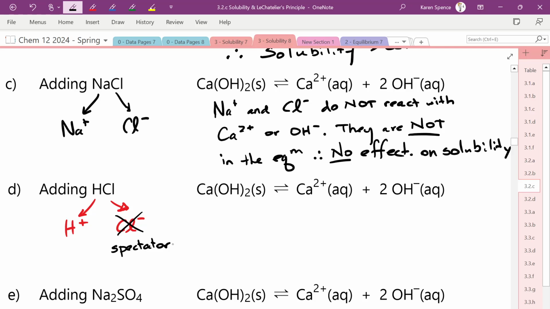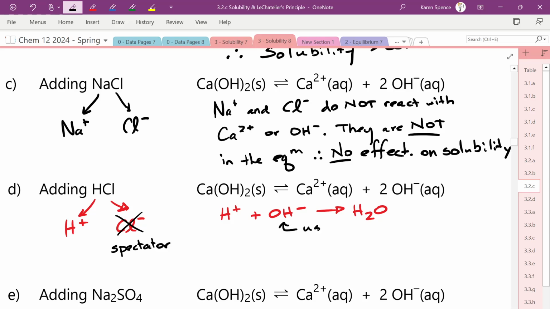So you're right, the chloride is a spectator. We already determined up above it didn't do anything. Does the hydrogen do anything? Yeah. What does it react with? H plus reacts with OH minus, and what do we get? H2O. So what does that do to the hydroxide ion concentration?